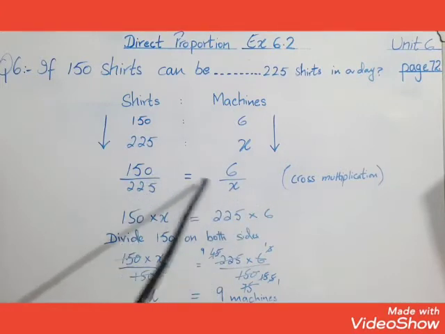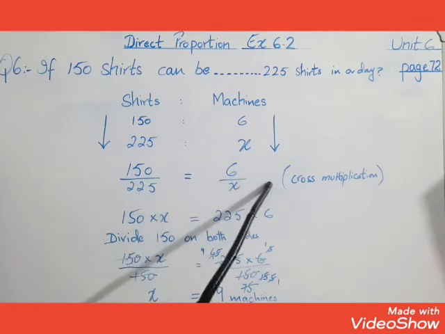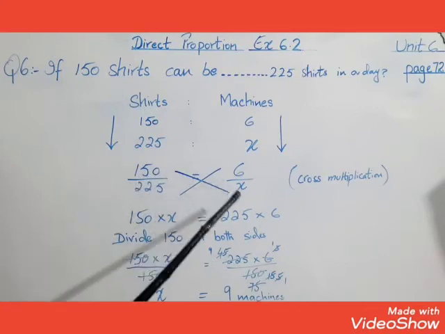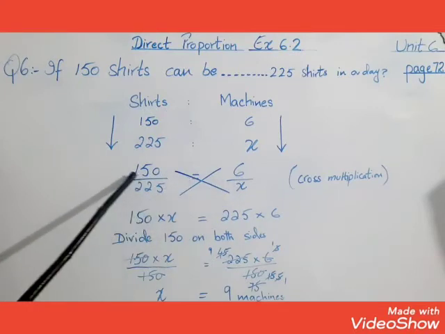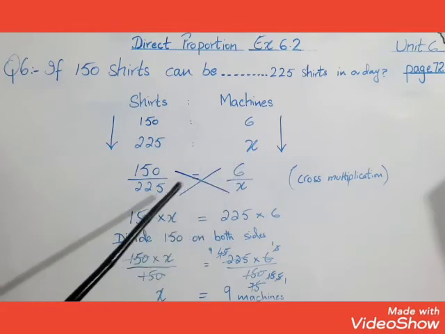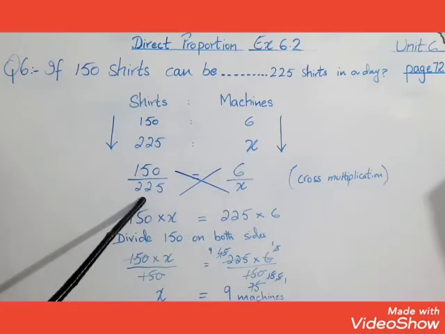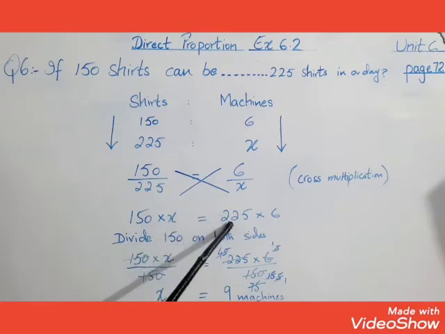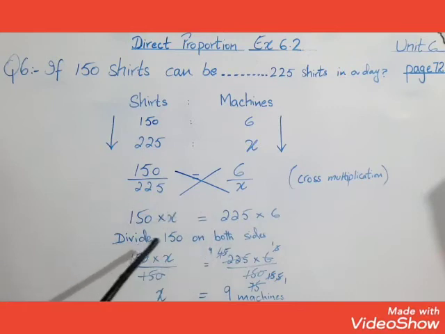Now over here we will use the cross multiplication method. So now you can see the cross multiplication method, right? 150 multiplied by x is equal to 6 multiplied by 225. So divide by 150 on both sides.